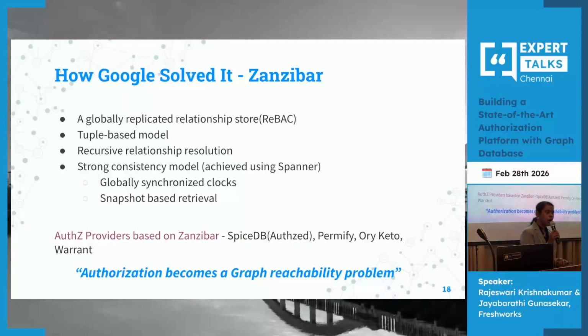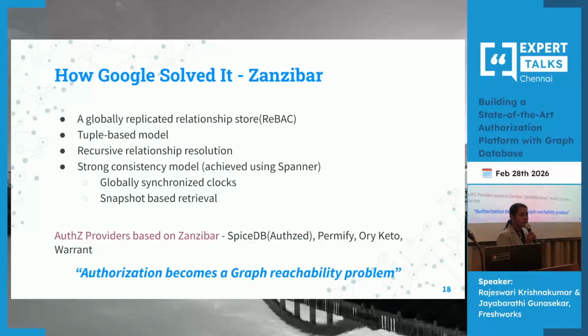So let's see how Google solved it. This is not a new problem that we are solving. Every system, every company dealing with secure data requires authorization. And if we take Google, we have use cases from Google Drive, YouTube, and all the other Google products.